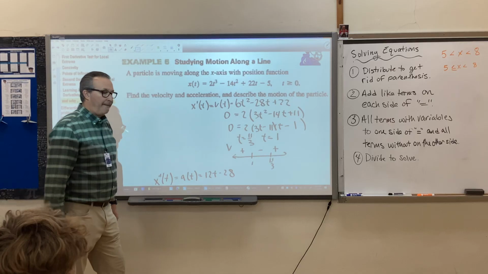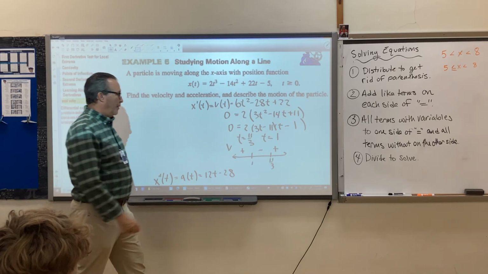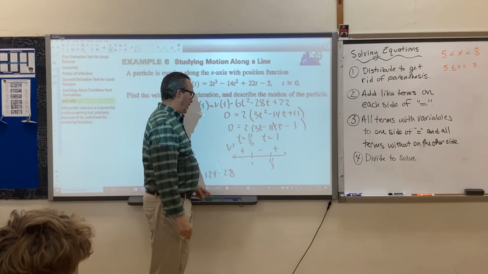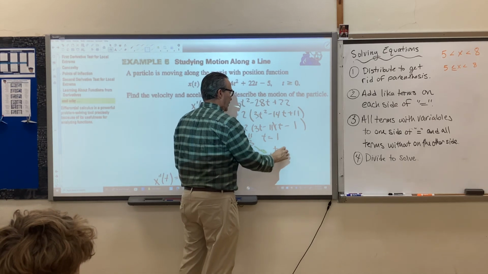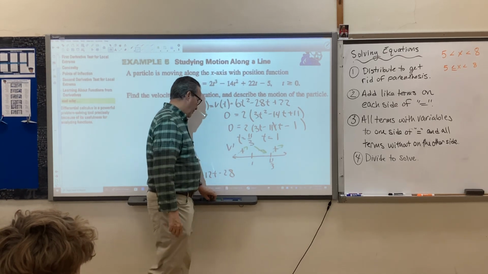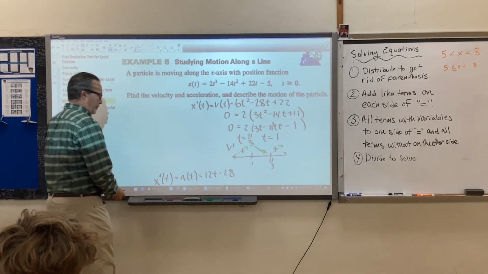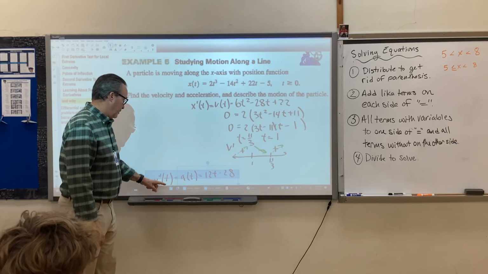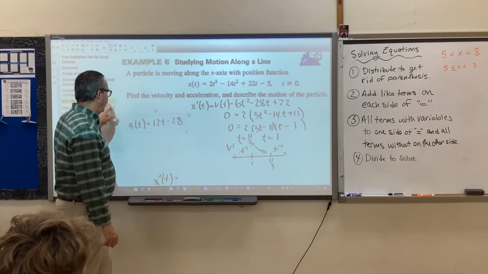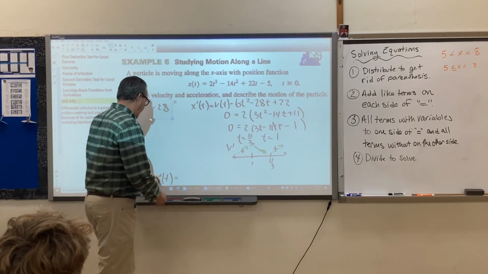So we know that it increases to 1, decreases to 11 thirds, and increases after that.